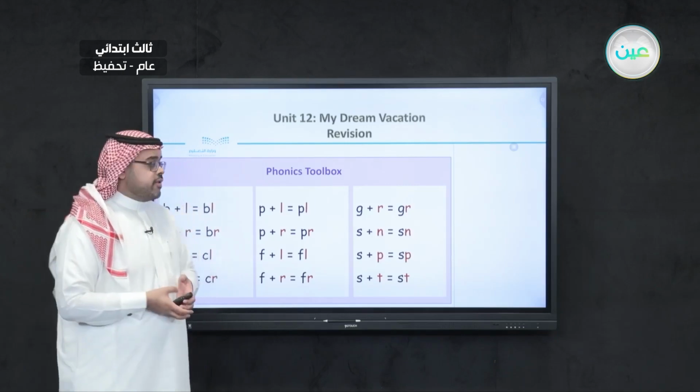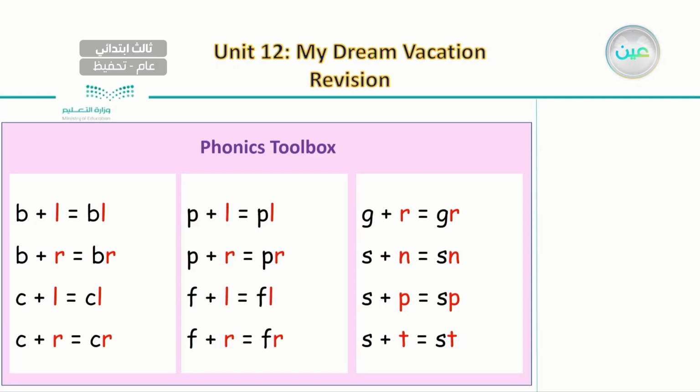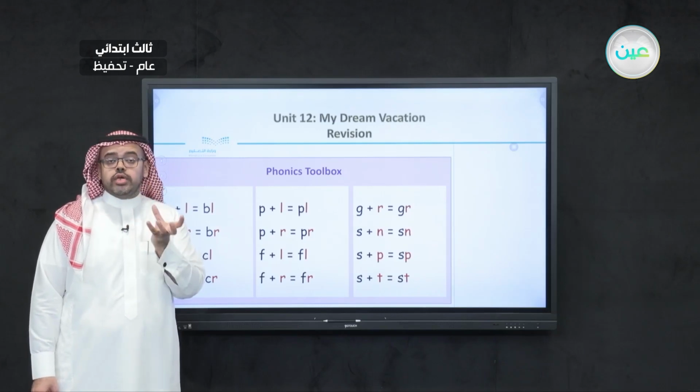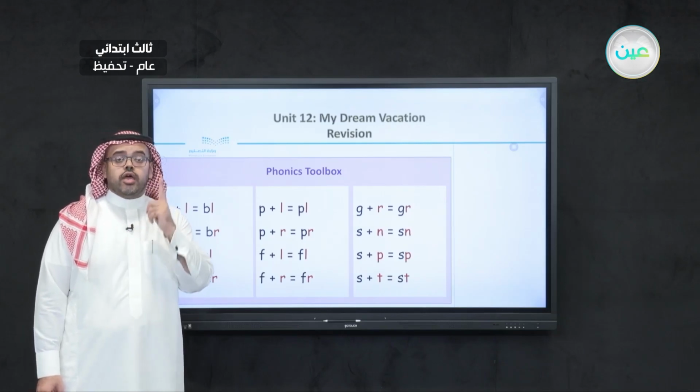For example, here we have the letter B and here we have the letter L. B and L. But if we say them together as one unit, they will sound as a unified sound.